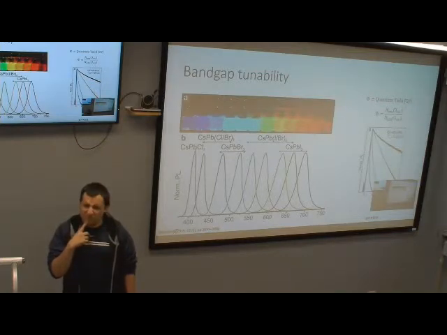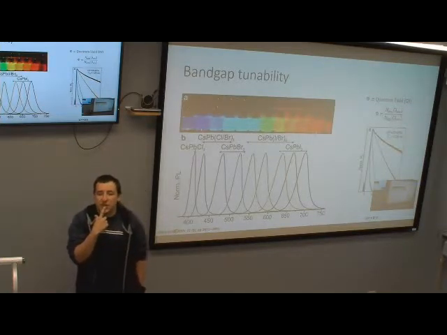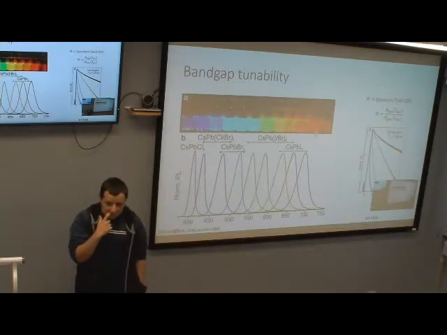They're not in the same row, but if you just compare the halide rows, your iodine and your lead are going to be closer in energy. So their energy difference is this. They could go up to bromine, and that's going to be a bigger energy difference. And then chlorine's going to have the biggest energy difference.